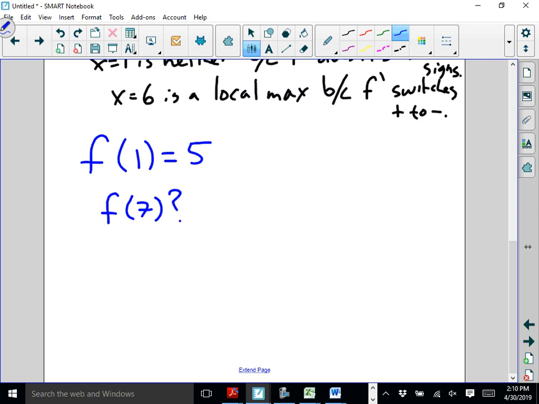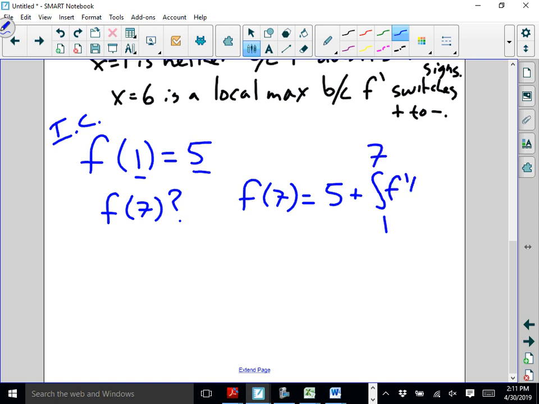What they gave us there is an initial condition. So if we wanted to find f of 7, we know f of 7 must equal our initial condition, 5, plus the integral from the x value of the initial condition to the x value that we want of f prime of x.